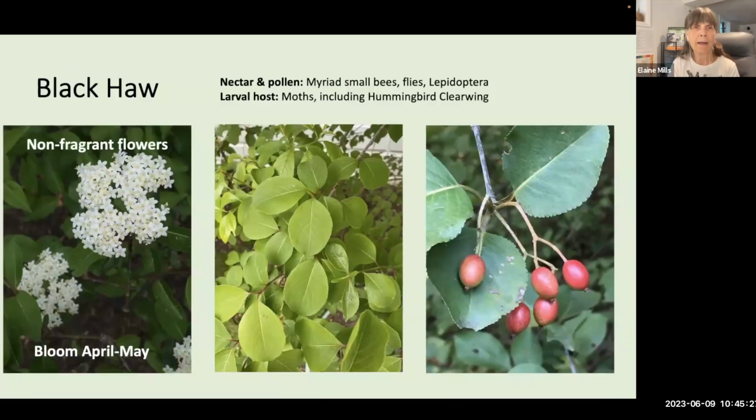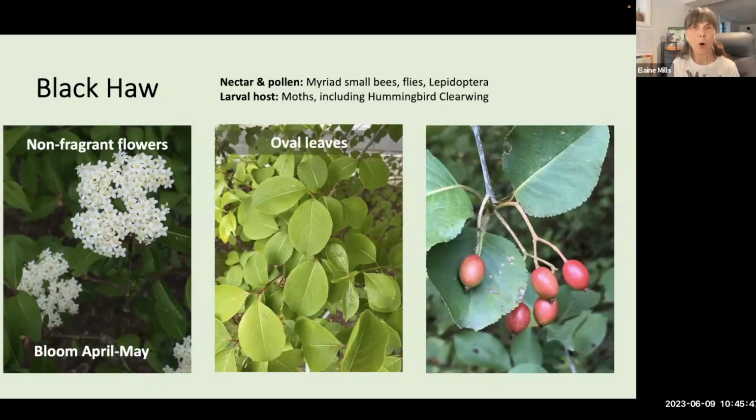Black haw has large clusters of non-fragrant white flowers, very small, but the clusters are about 4 inches across, and they will be in bloom from April to May, attracting myriad small bees, flies, and various Lepidoptera for both nectar and pollen.